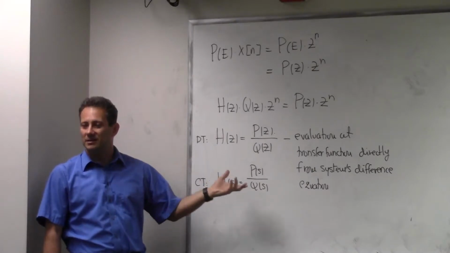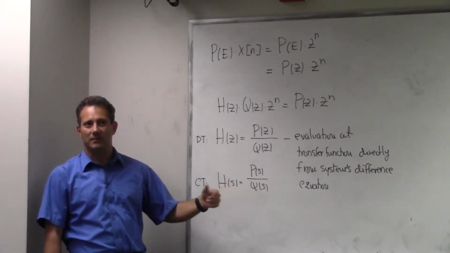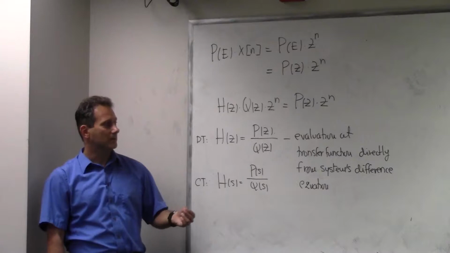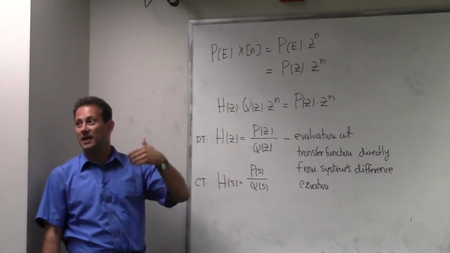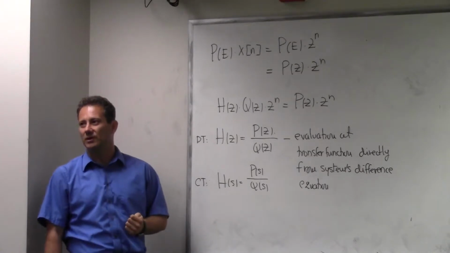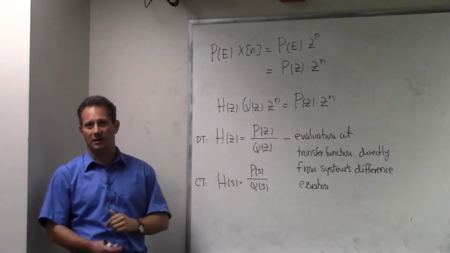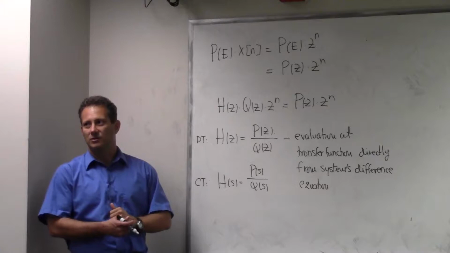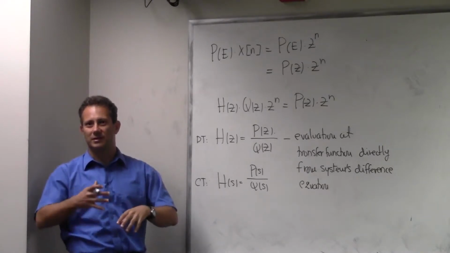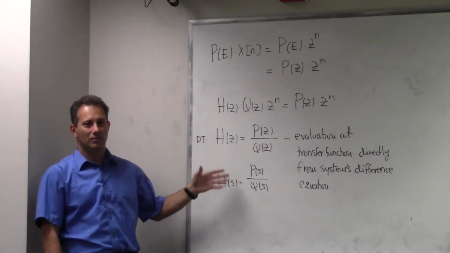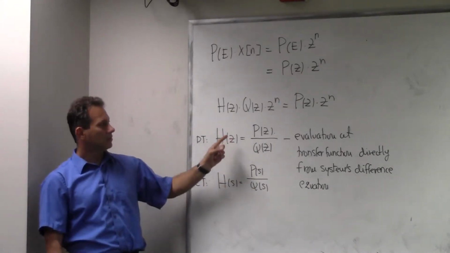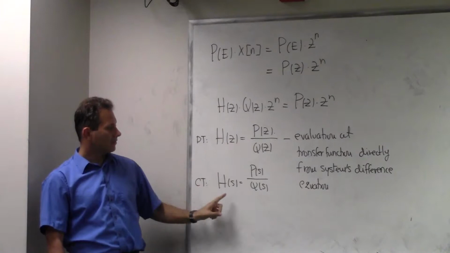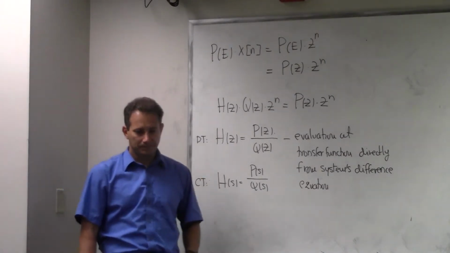It might seem that this would give you some benefits, and in certain cases it does, but what you essentially end up doing are the very same calculations that we do when we find h of n and h of t directly. So you cannot really trick nature. Sometimes you can do it one way or the other, but just be aware that there is a way to determine your impulse responses directly from H of z and H of s.